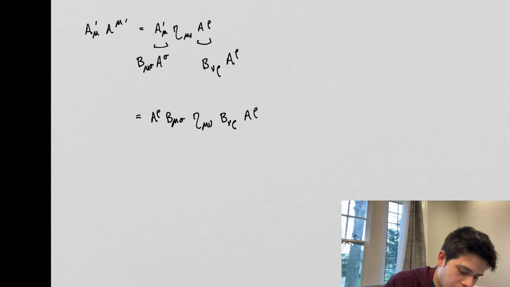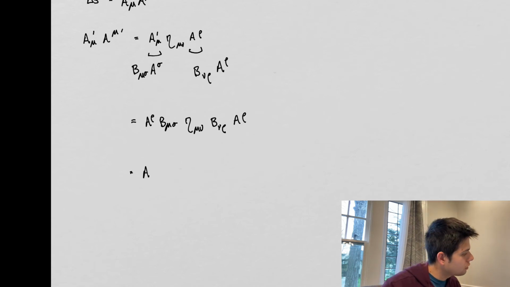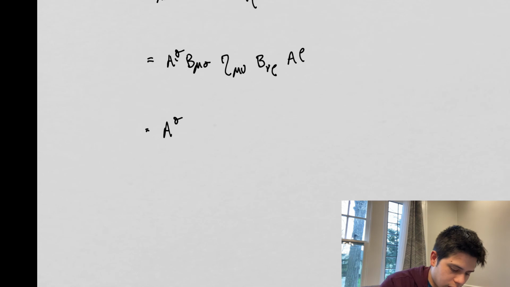So what we can do now is say that this is equal to a, that should not be a rho, or that should be a rho right here actually. Oops, like that. So a, like that, and then let's paste.